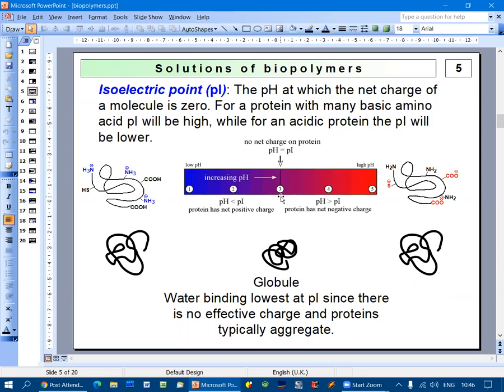But a molecule still has positive and negative charges. Just the number of them is the same. They will interact with each other, and the molecule will twist, forming the so-called globule.